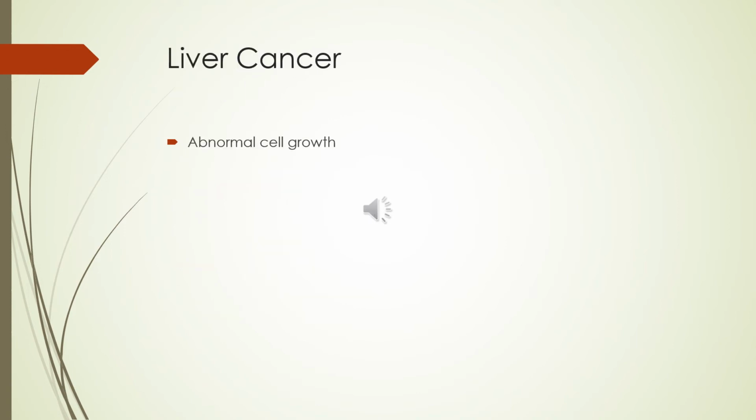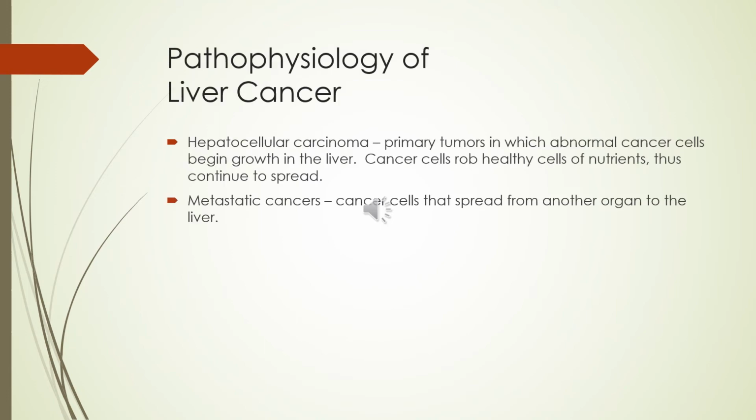Okay, now we're going to switch to liver cancer, which is just abnormal cell growth in the liver itself. So pathophysiology of liver cancers, we have hepatocellular carcinoma and metastatic cancers. Hepatocellular carcinomas are primary tumors in which the abnormal cancer cells begin growth in the liver itself.